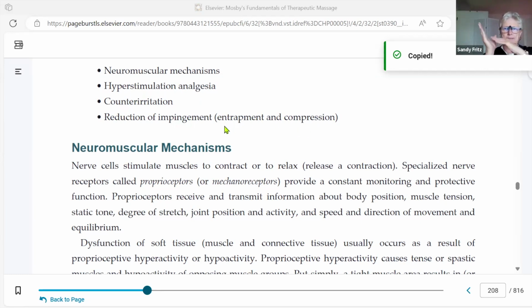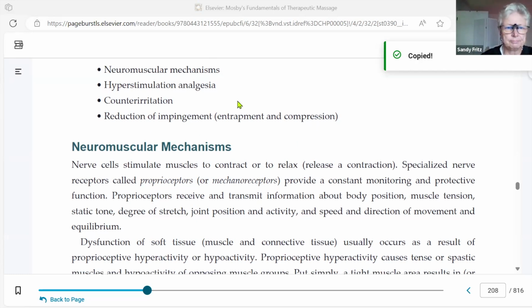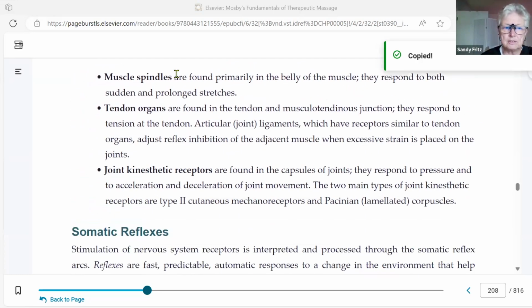They're being pressed on, and that can be soft tissue related, it can be bone related. Where massage would come in is that we can increase the pliability in an area and maybe reduce that pressure on those nerves. So that's what's discussed here.